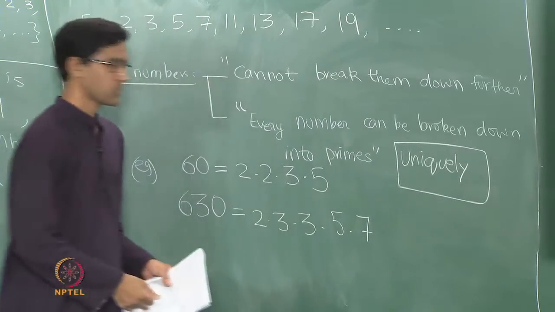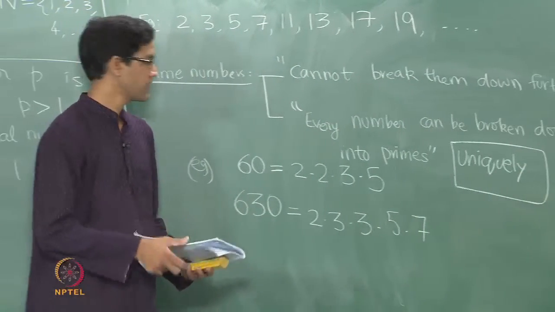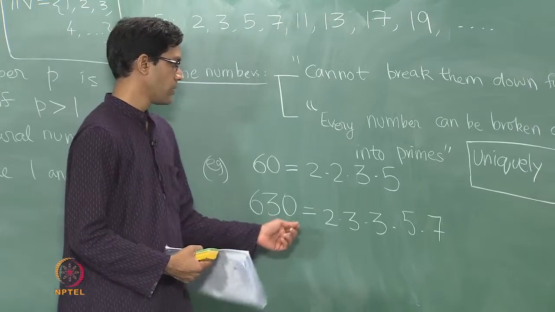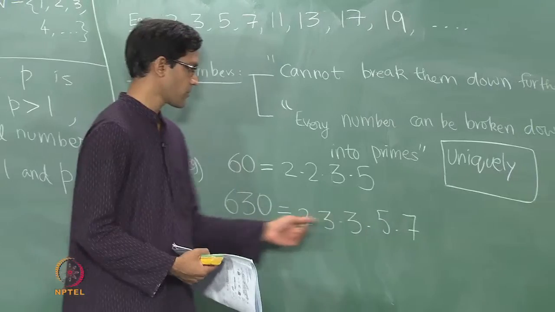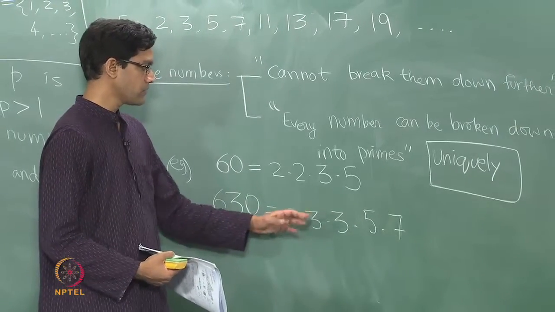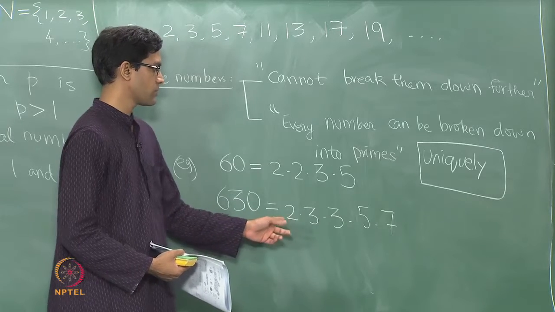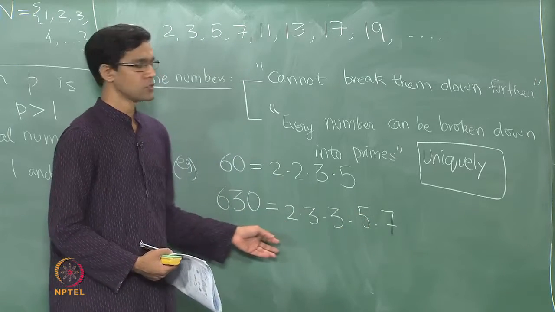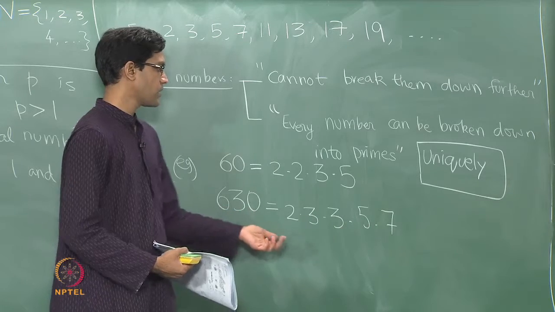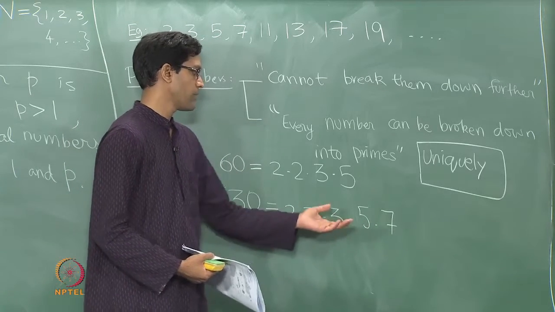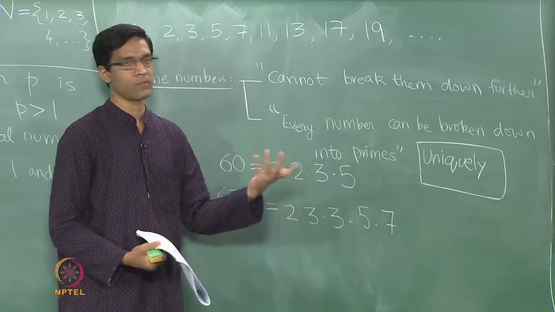So for instance the number 630, if you wanted to write it down as a product of primes, the only different looking expressions you can produce are ones in which the primes are written in different orders. So you could want to write 630 as 7 times 5 times 3 times 3 times 2, maybe in descending order of primes or in some other arbitrary order.